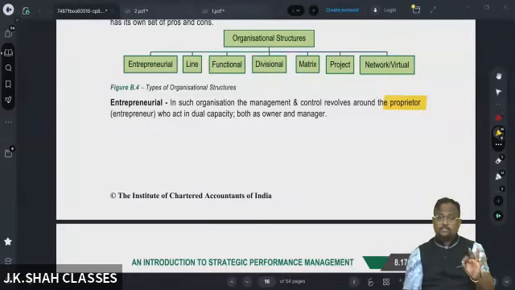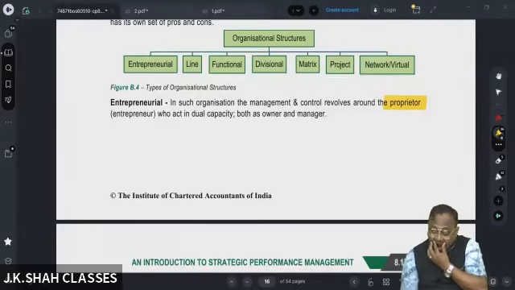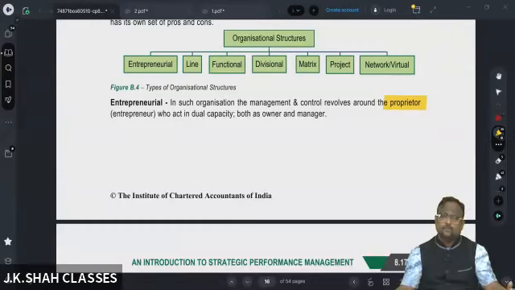One person will take the decisions, others will follow. At the most, you can suggest to them, like what happens in sole proprietary concerns. One person takes a decision. He only plans, he only makes the strategy, he only implements it.